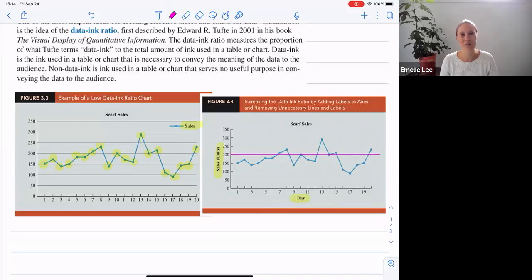Then we might have some sort of line on there. That would be okay, right? Because it's helping us learn about the data. So I would lump that in with the data ink ratio.